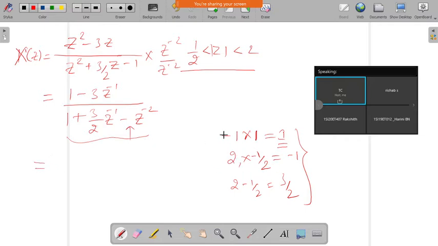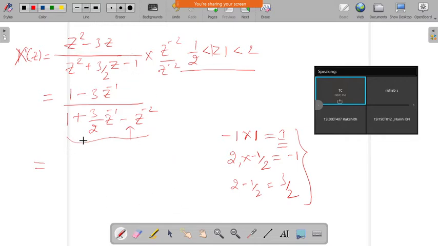Or you can also use the formula you know, minus b plus or minus square root of b square minus 4ac divided by 2a, for finding the roots. That is also possible.